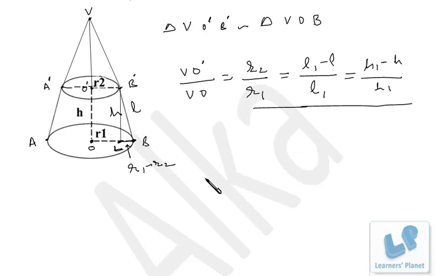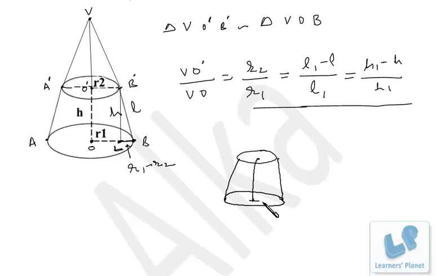Now friends, I take a practical example. I just take a question where we have to find out the volume of a frustum. So the question given is, draw a frustum over here, just wait for a moment.